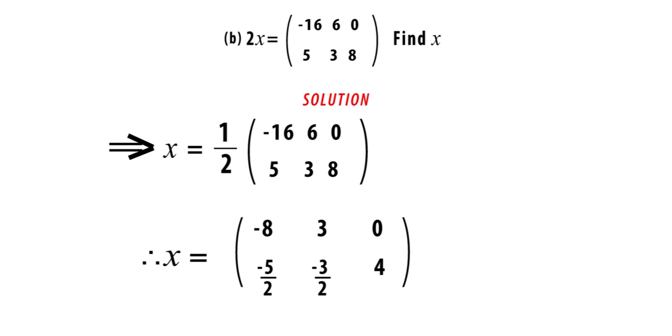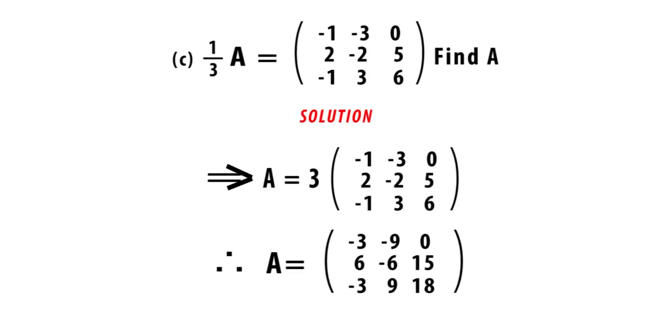Good. And for the third one, we have 1/3 A is equal to -1, -3, 0, 2, -2, 5, -1, 3, 6. This implies that the matrix A is equal to 3 multiplied by -1, -3, 0, 2, -2, 5, -1, 3, 6. That is, we are multiplying through each side by 3.